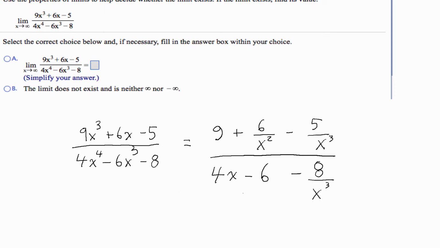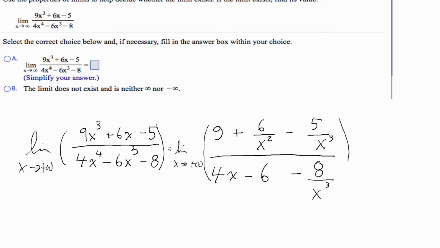Now, if I try to calculate limits as we approach infinity, I have to do a little cleanup work here. So this would be the same as the limit as x approaches infinity of the thing on the right.